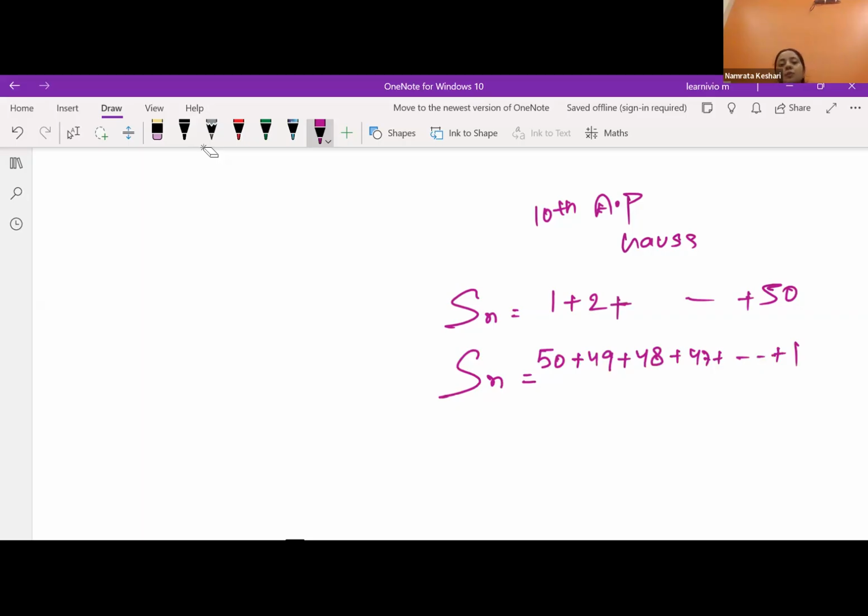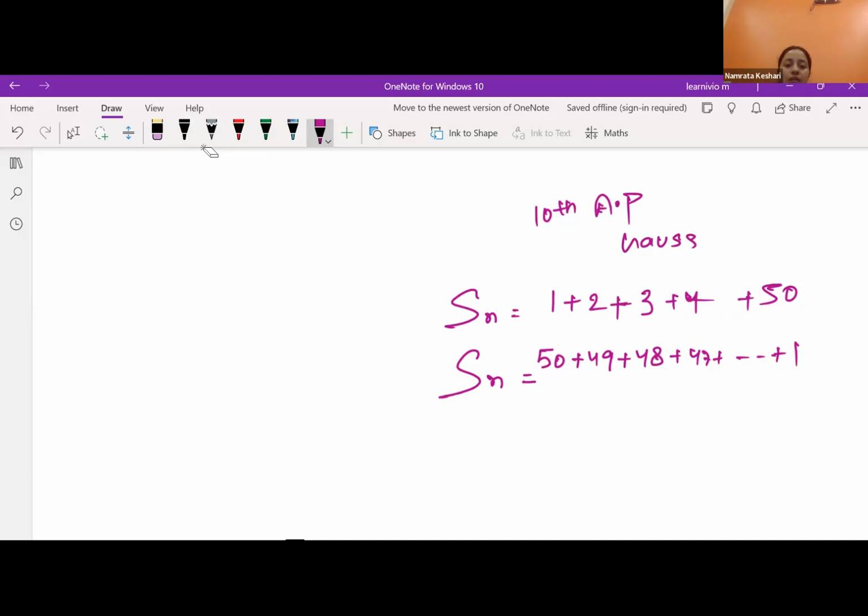If Sn is 1 plus 2 plus 3 plus 4 plus dot dot dot 50, then the same Sn can also be written as 50 plus 49 plus 48 plus 47 plus dot dot dot 1. Yes or no? Yes, ma'am.